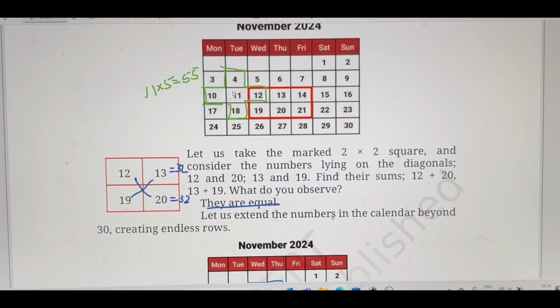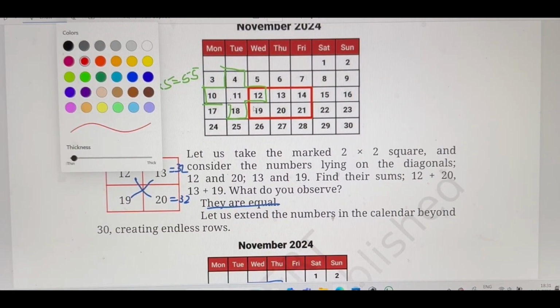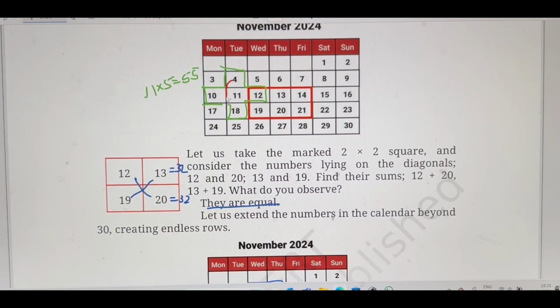Okay, let us now check. So if we add 18 plus 4, that is 22. 10 plus 12 is also 22. So what do we get? 22 plus 22 and the center number is 11. We are getting 55. Right?